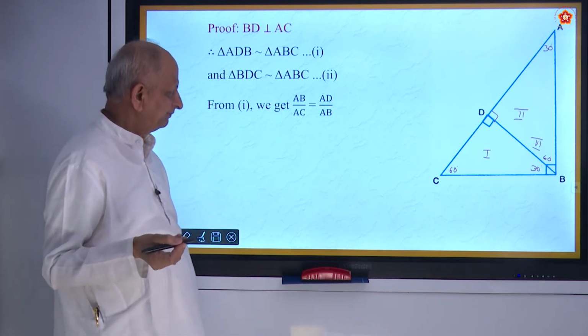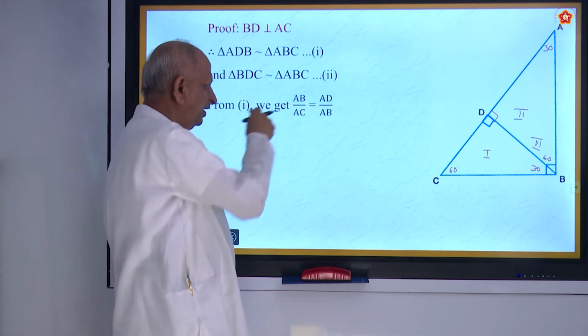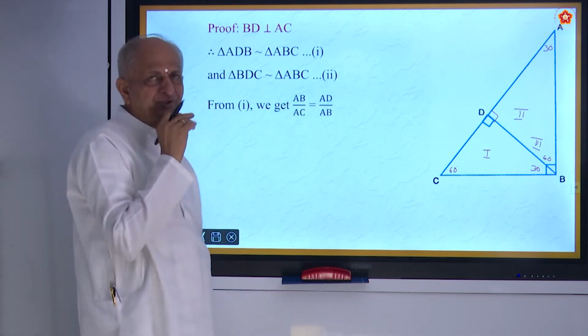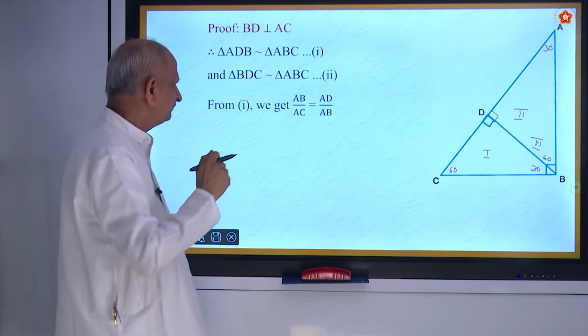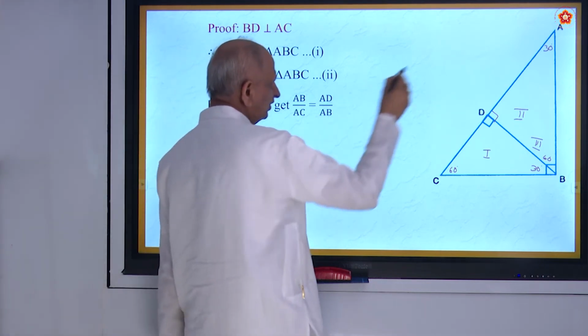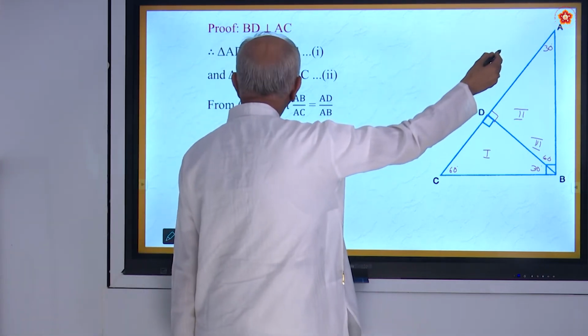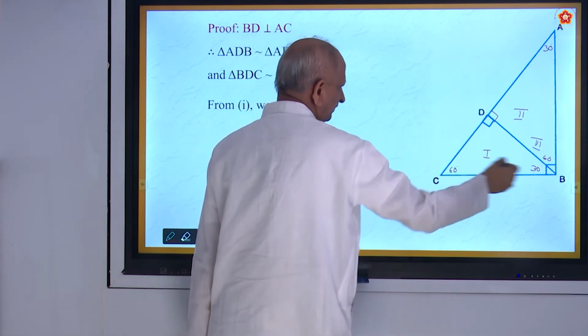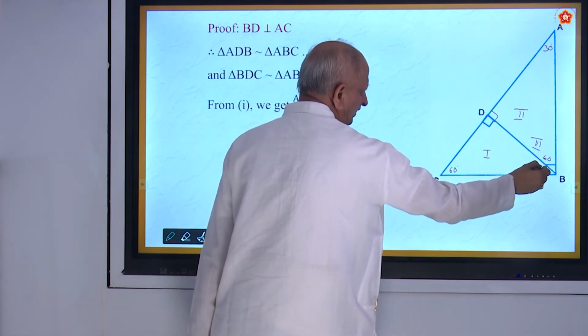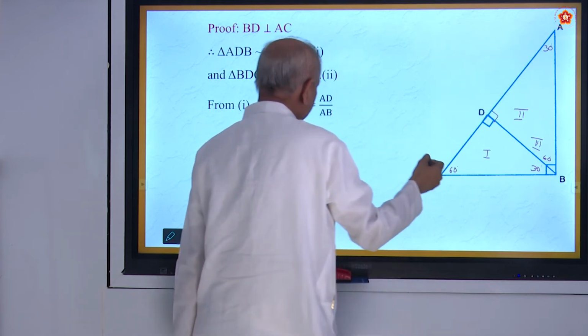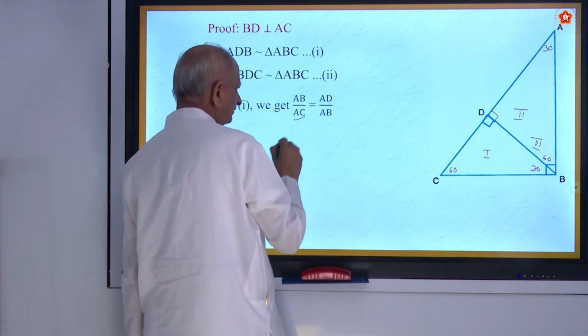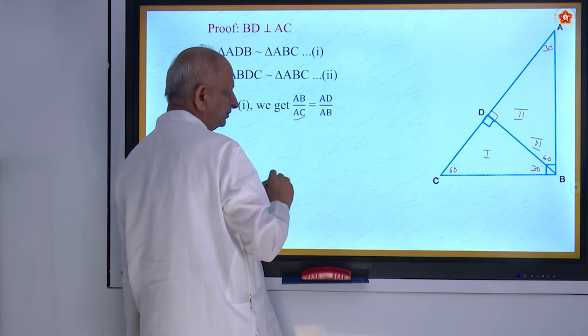Now you can see. So how did you get this result? Side opposite to equal angles you must take. So in this big triangle, namely ABC, the angle 90 degrees here, side AC is here. So that is how you got AC. This refers to ABC triangle.